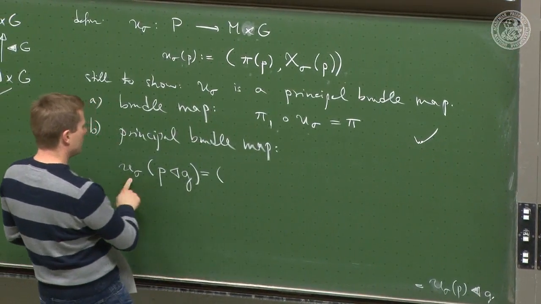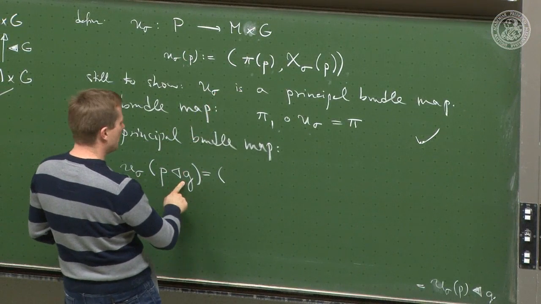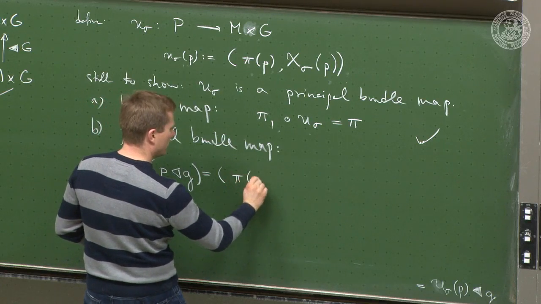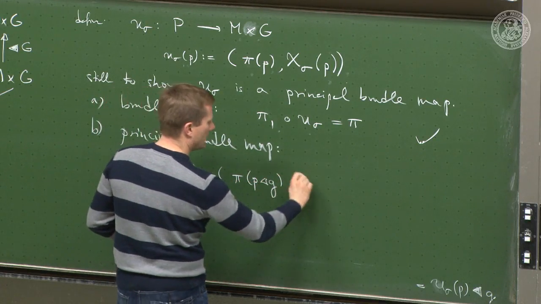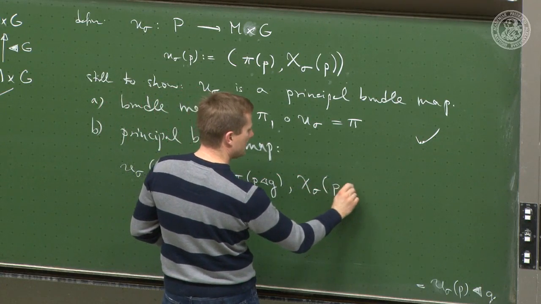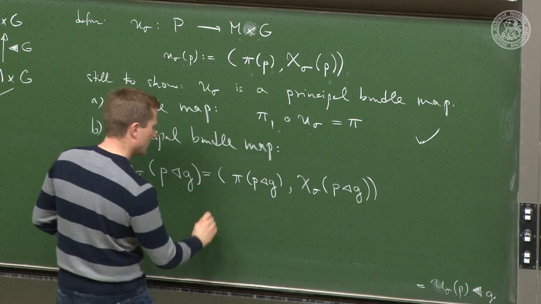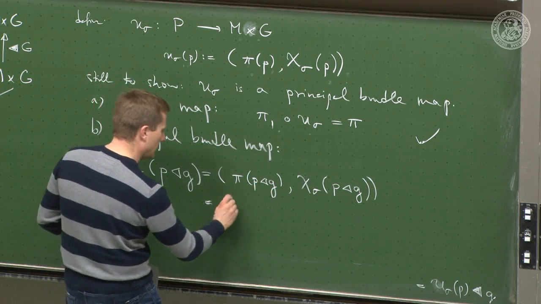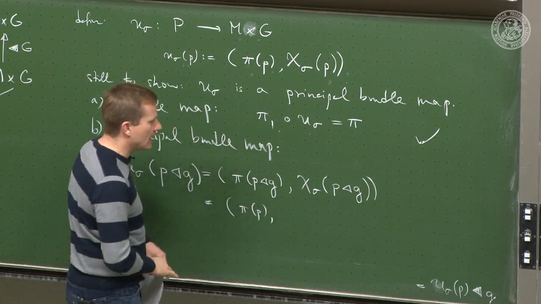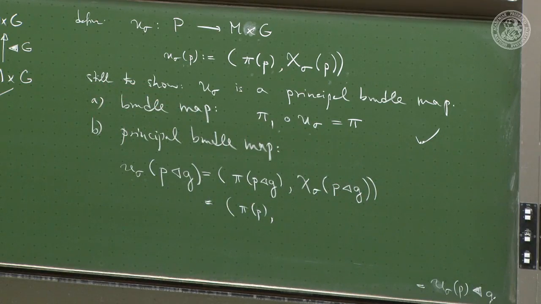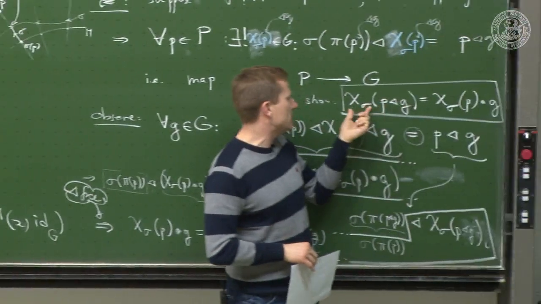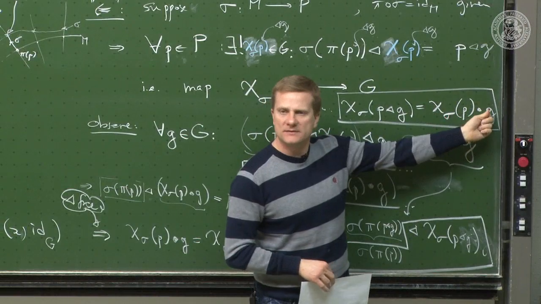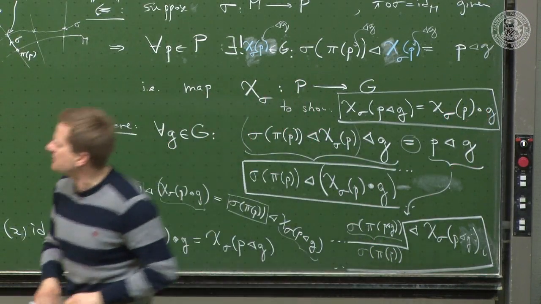Well, by definition, U sigma of P acted upon by G is pi of P acted upon by G, comma, chi sigma of P acted upon by G. This equals, here we stay in the same fiber because we have a free action in a principal bundle, pi of P. And now you see why we had to show that if you act first on the P and then you employ the chi sigma, you can actually also first employ the chi sigma and then blob this with the G. This is why I had to show this before.